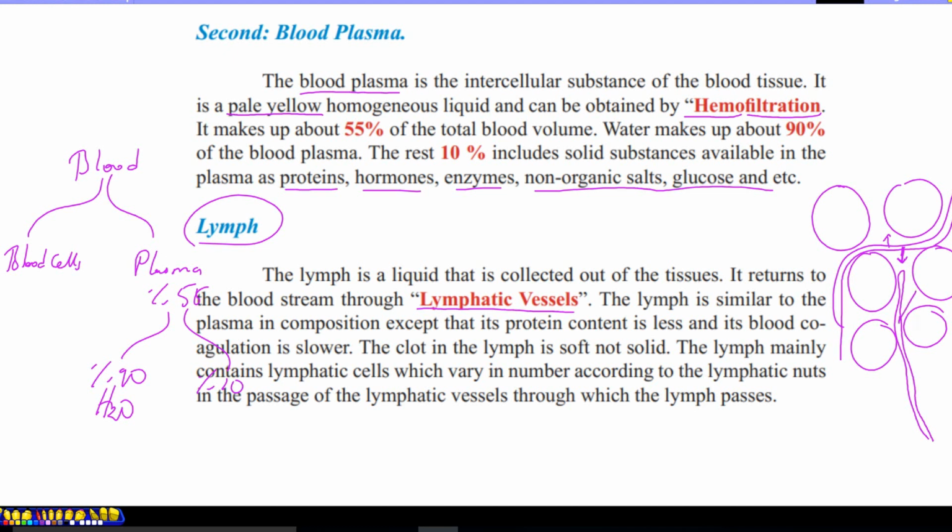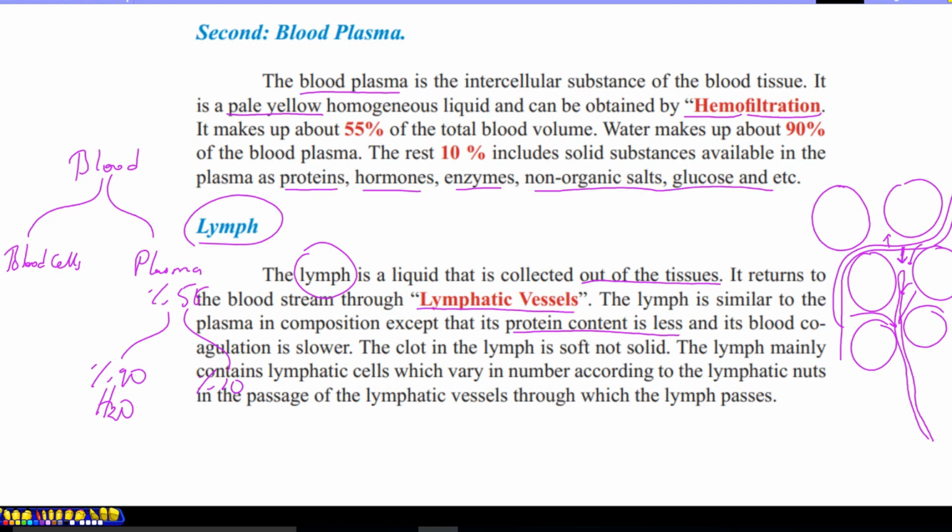They collect intercellular substance from between cells out of tissues. The intercellular substance absorbed by lymphatic vessels we call lymph. The lymph is similar to blood plasma in composition, because the same material which passes from blood to the tissue passes from tissue back to the lymphatic vessels, except that the protein content is less.